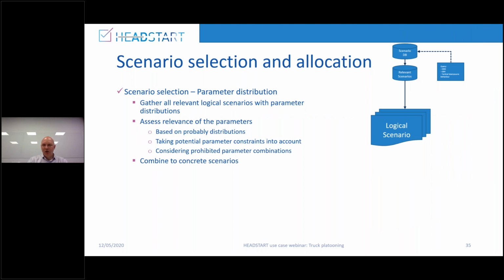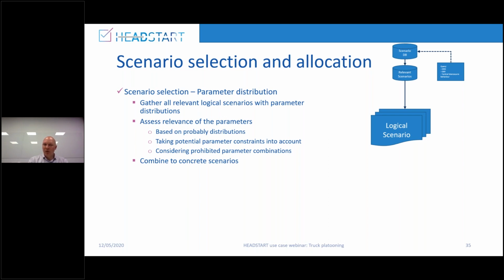If you then look at the logical scenarios, what is also very important is to take into account the parameter distributions. So the parameters that go with the different scenarios, to take them into account, and not just the parameter. For example, if we take a cut-in, the parameters that go with this cut-in, but also the distribution of this. We want to do that because we want to assess the relevance of the parameters.